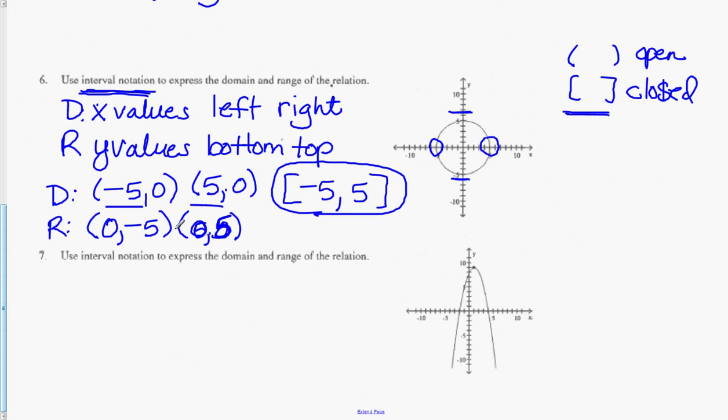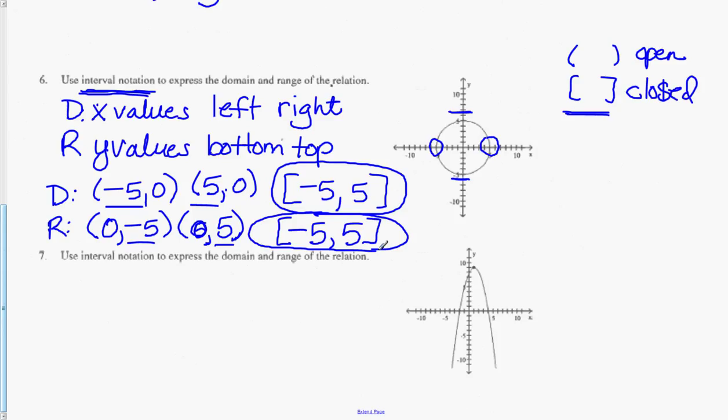Let me erase that so that when we see the notes later on, we know that that should be a +5 right there. I've got to watch me when I'm listing my ordered pairs. Now remember, ranges are y values. So again, smallest, bottom to top for that range. Now, circles will be like that. You'll be using the same numbers over and over again for your domains and ranges.